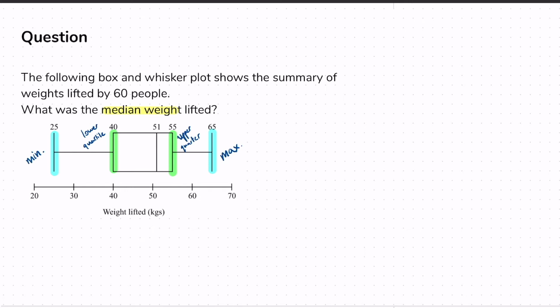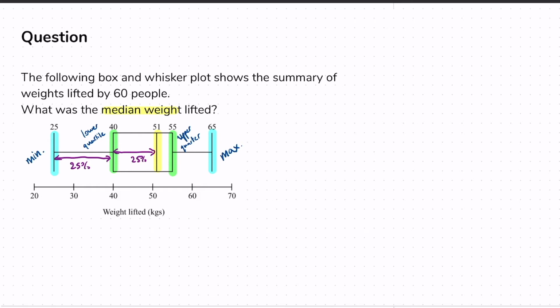So within this distance here, we have 25% of the data. Within this distance here, we have 25%, and so on. So if I've got 25% and 25%, well, that's 50%. And that leads us to our last visual bit of information, which is my median.